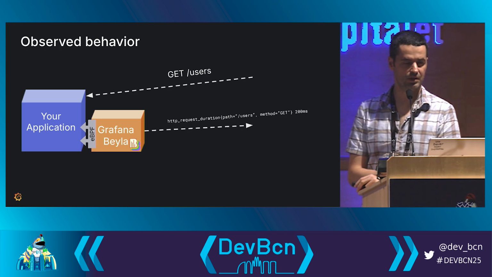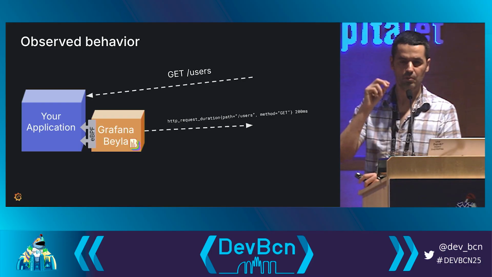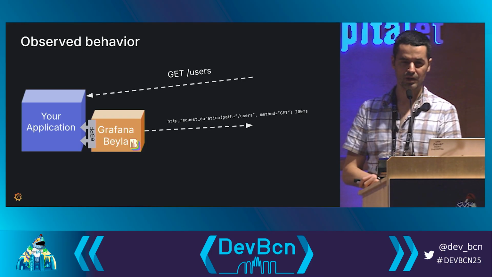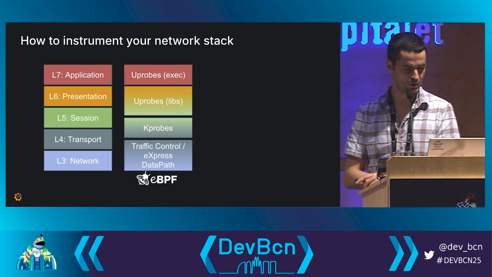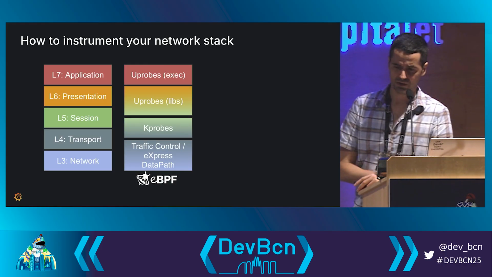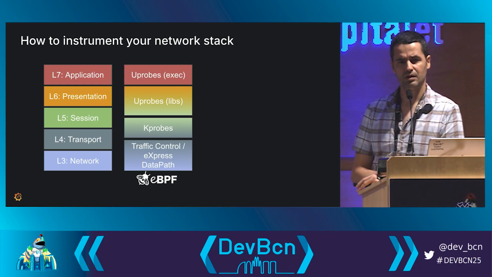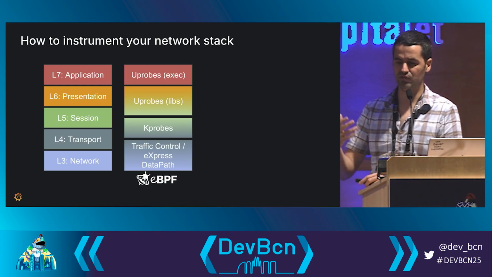This is not achieved with a single probe. You need to insert multiple probes at different layers of your system, and then join all the information that comes from those probes. So eBPF supports different types of programs that need to be injected at different layers of your system.